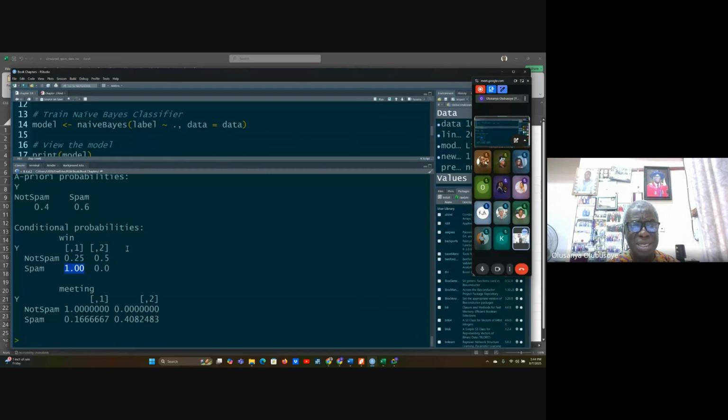The second one is saying that if it is not spam, then you have a 25% chance that the word when will appear, and then a 50% chance that it will not appear.